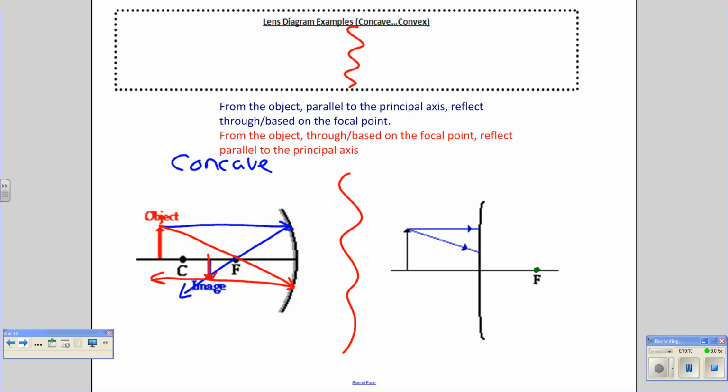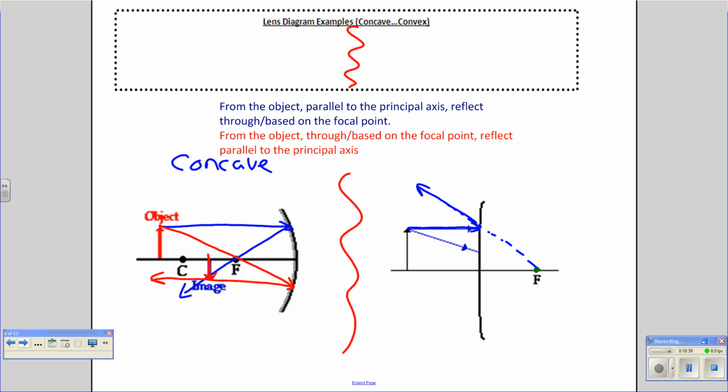Okay, so let's look at this. It goes in parallel. So number one goes in parallel. We already have the parallel line in. It comes out based on the focal point. So over here, it's real. On this side, it's supposed to be dotted. Okay? So it goes in parallel and goes out based on the focal point.